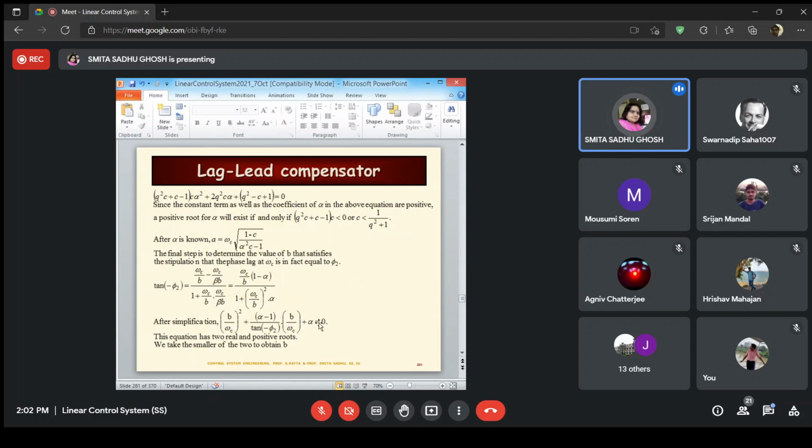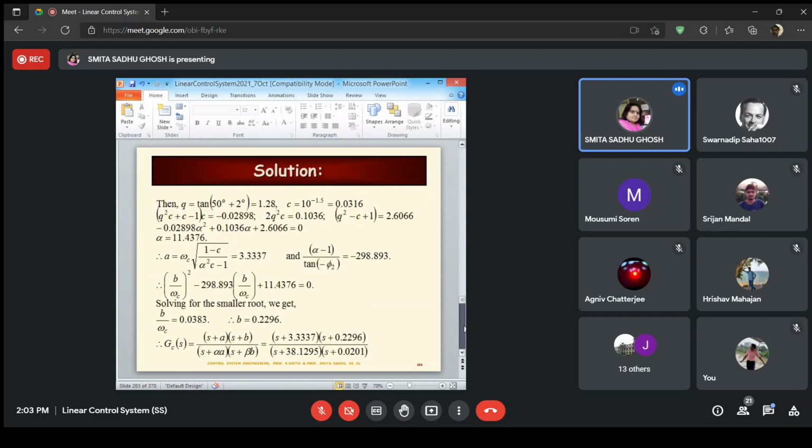This was the quadratic, of which this coefficient is alpha minus 1 by tan of minus phi 2. So that has been calculated, and hence the quadratic has been framed. Once the quadratic is framed, omega c is known to us, 6 radians per second as per this problem. So b can be found out.